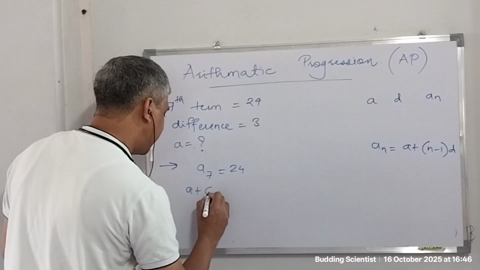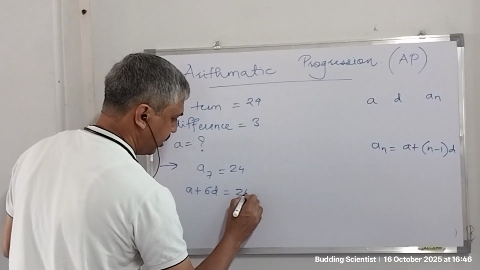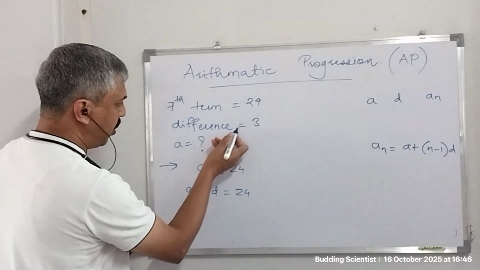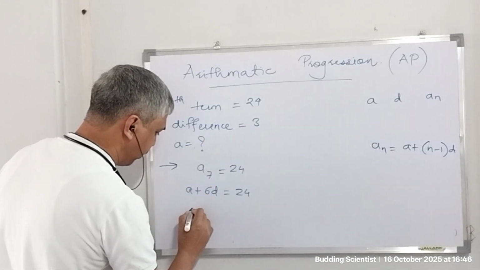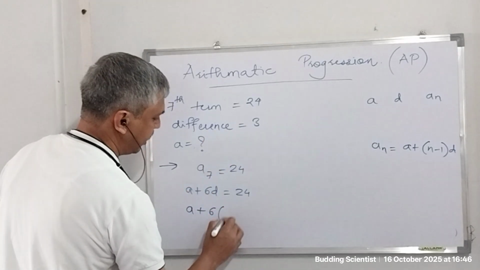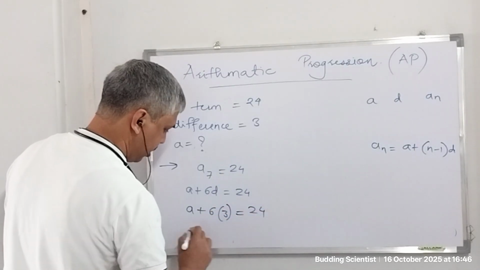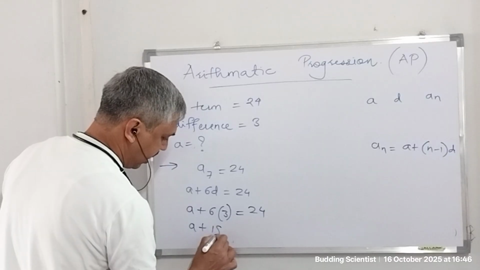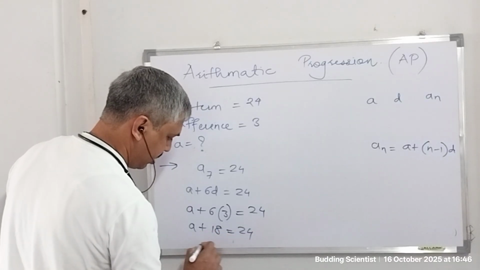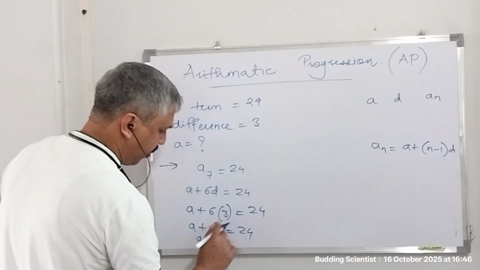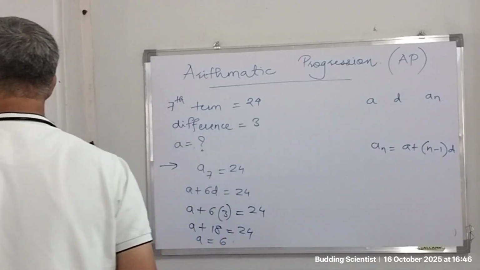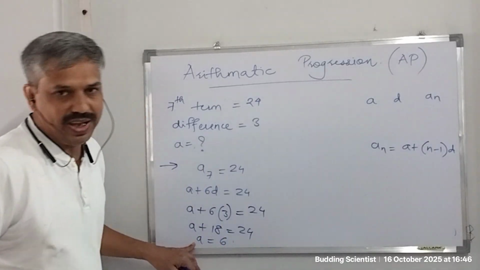So A plus 6D is equal to 24. A we don't know, but difference we know. A plus 6 into bracket 3. A plus 18. 24 minus 18 is equal to 6. So we got the value of A.